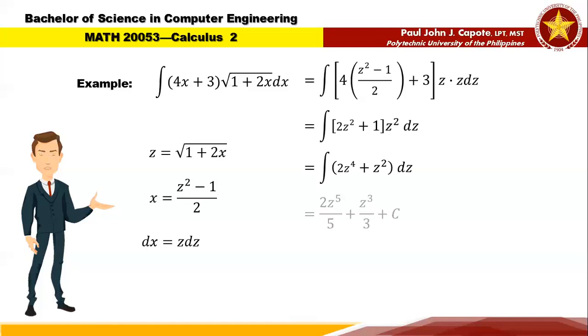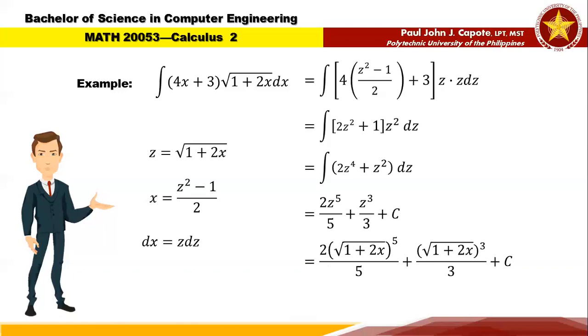Then we apply the integral of sum or linearity rule, then use the general power rule. So we get 2z raised to 5 all over 5 plus z raised to 3 over 3 plus c.